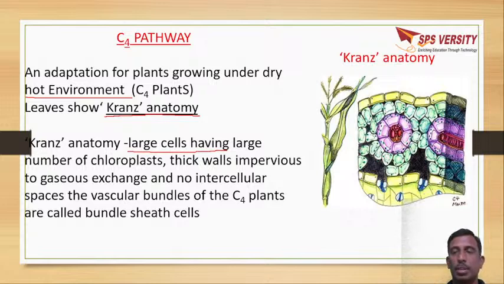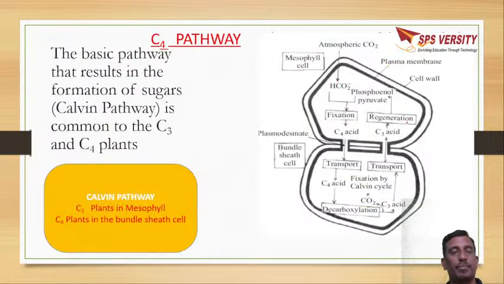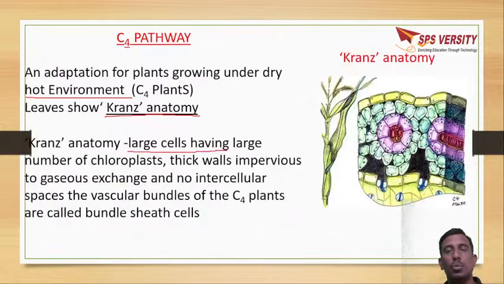Bundle sheath means it covers the vascular bundles. Surrounding the bundle sheath are mesophyll cells, which are very loosely arranged, where there are intercellular spaces where we can see exchange of gases. This anatomy is called Kranz anatomy.